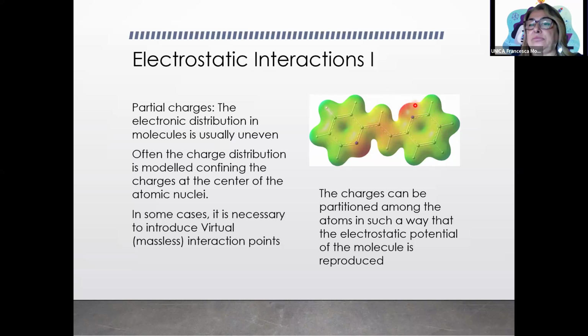We can see that there is a larger negative charge near these blue nuclei, which are nitrogen atoms, here and here, and a lower potential, with a green color, on the other regions of the molecule, on the hydrogen and on the carbon atom.